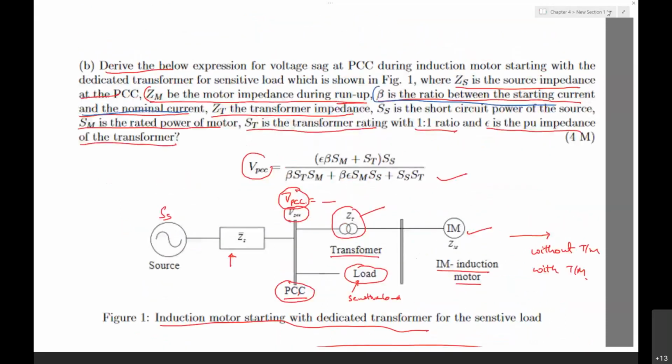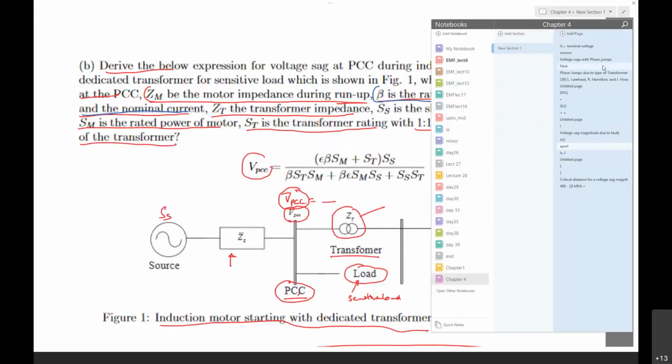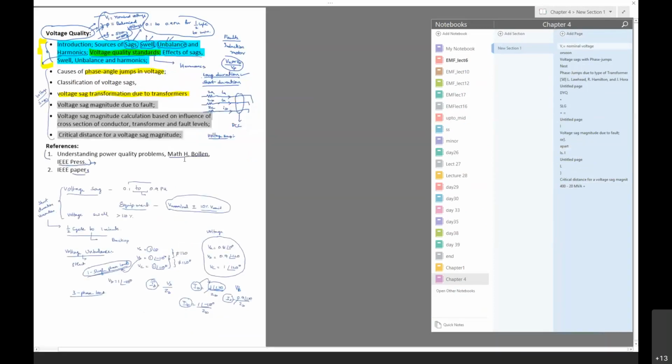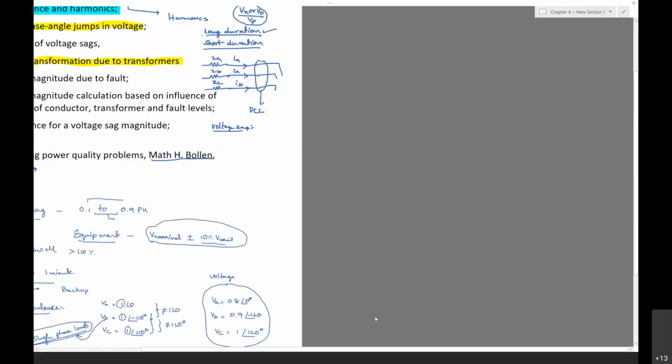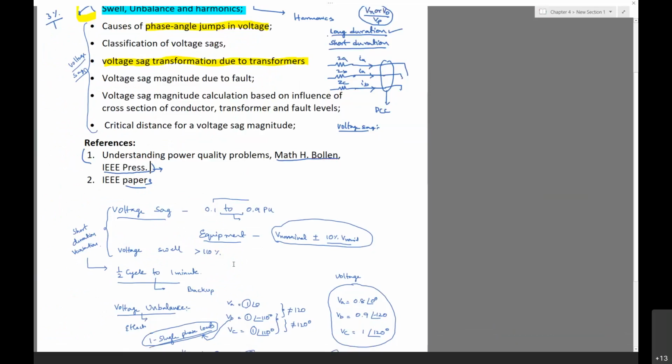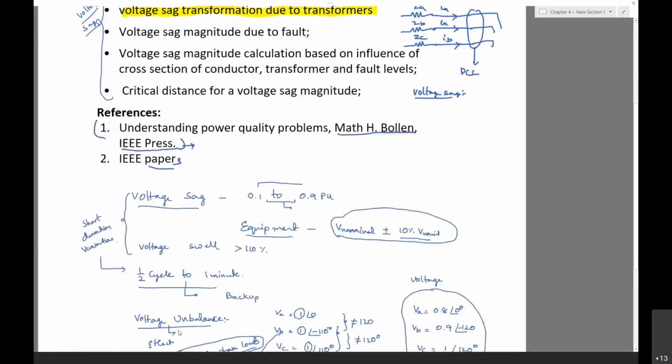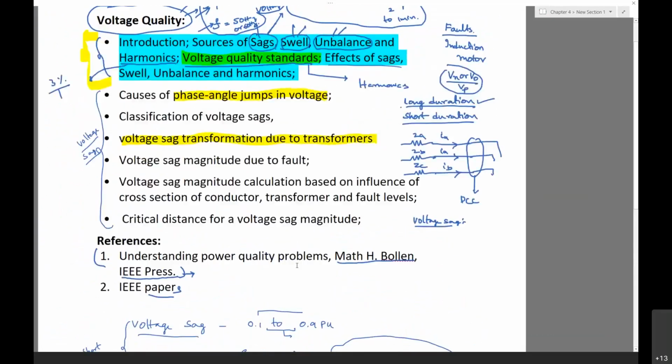It's about the voltage sag magnitude derivation during the starting of an induction motor with the transformer. This particular unit, these are the contents of the syllabus.